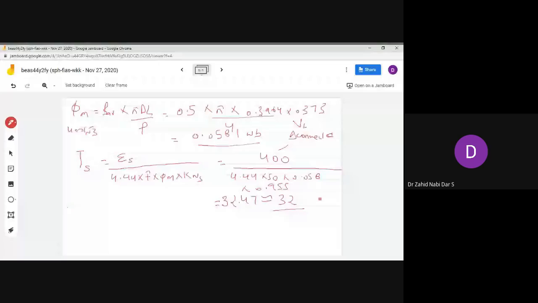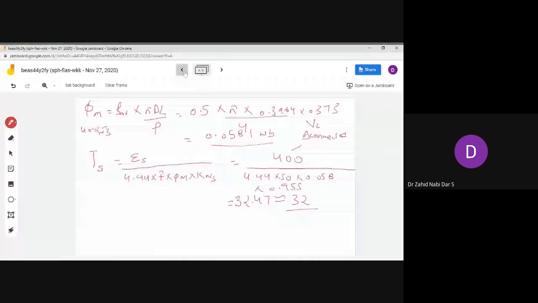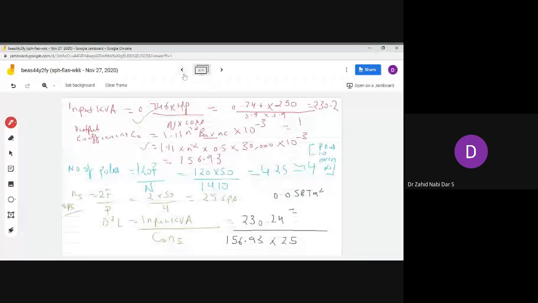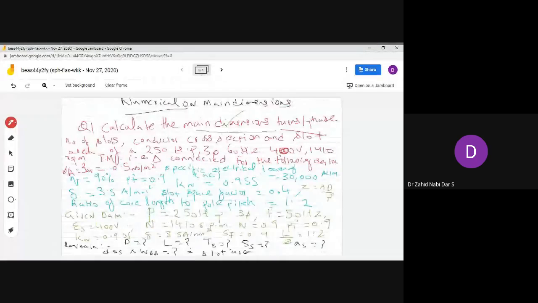So now we have done with this problem here also. We got the turns per phase also.